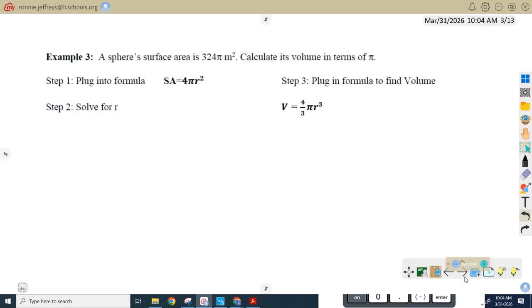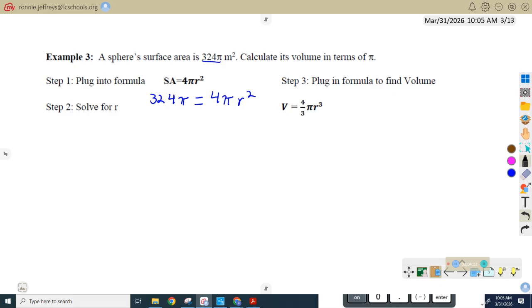All right. So, now it says we're given the surface area, find the volume. So, first things first, we are going to plug this in for our surface area. We're wanting R by itself.